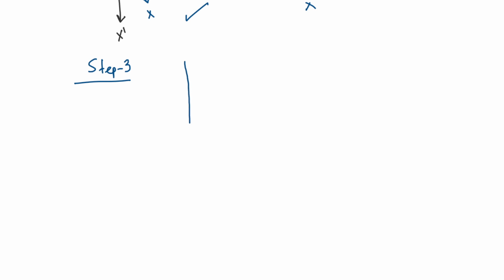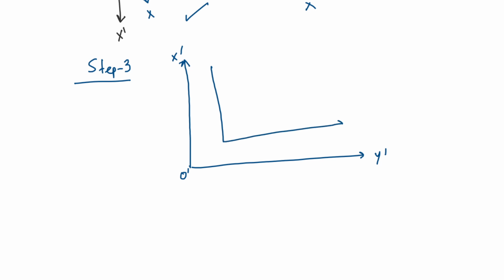This axis is y dash, x dash, O dash, and this axis is y, x, O. So now it should be A by B VR square. It should be VR IR, and it should be VS VR by B.